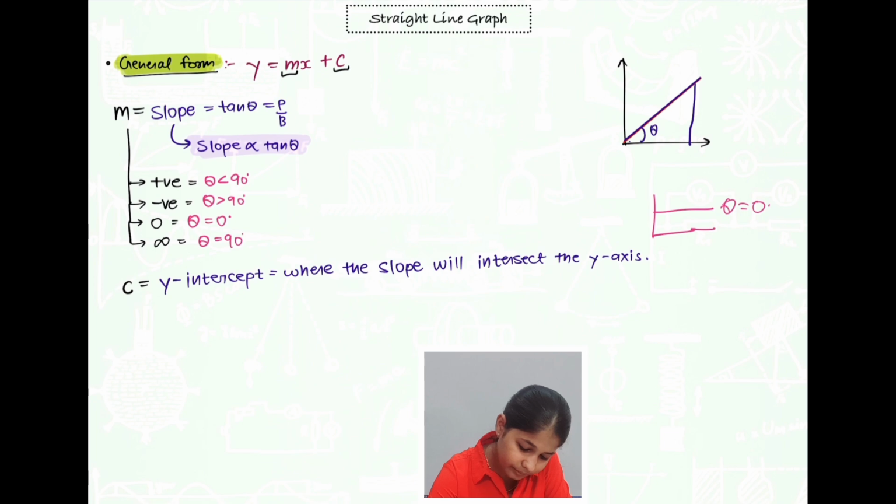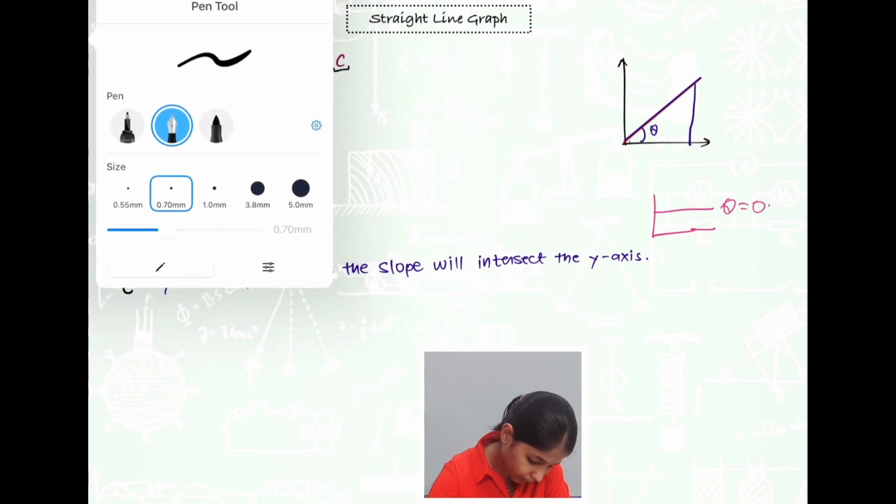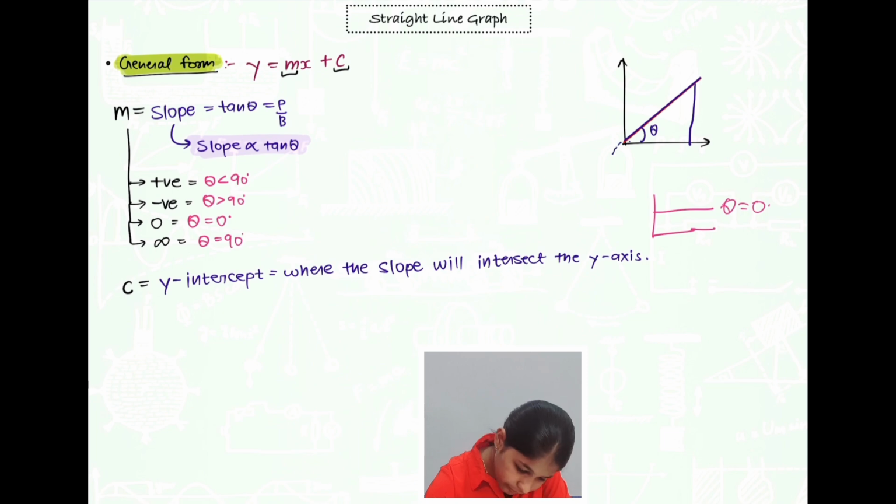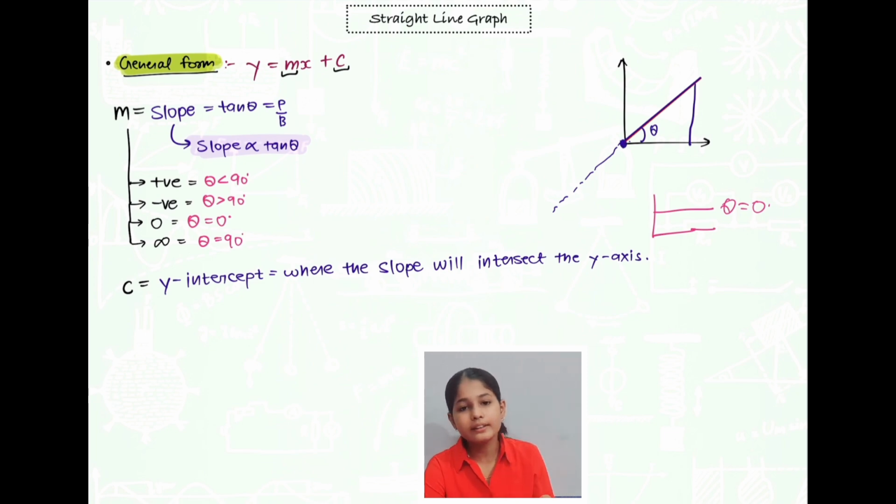Here you can see that, as I haven't drawn, but if I draw further, this diagram will go like this. So here you can see that the slope is intersecting the y-axis at origin. Okay. So in this case, the C can also be of different types.